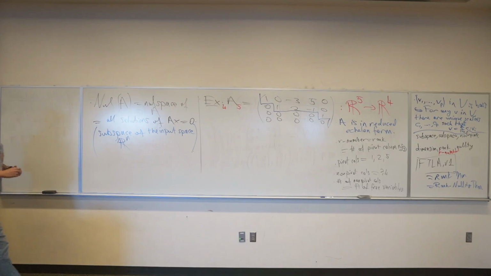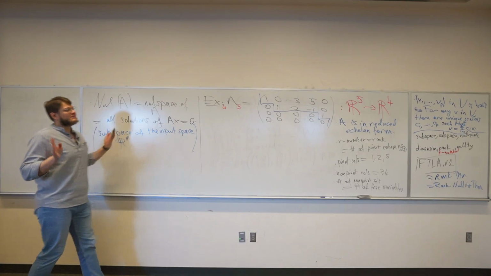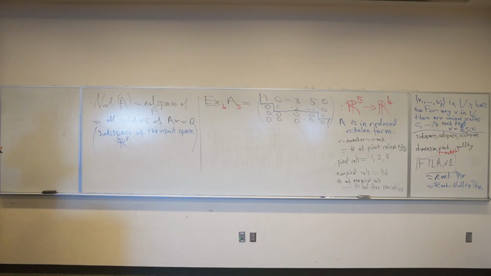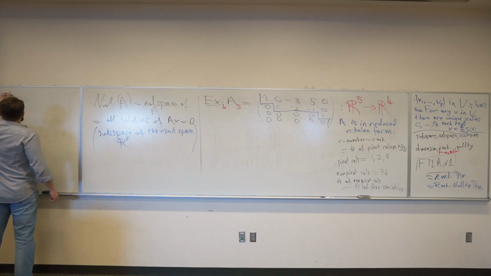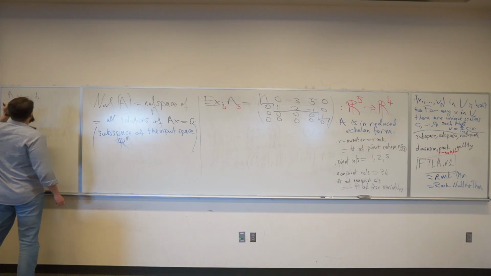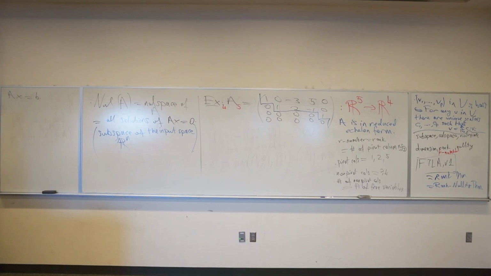So think about the system AX equals B. I'm keeping B to be arbitrary, okay? Now, A is 4 by 5. In order for matrix multiplication to work, lowercase x, insofar as it's a column matrix, is going to be 5 by 1. And B is going to be 4 by 1. Otherwise, matrix multiplication would not work.